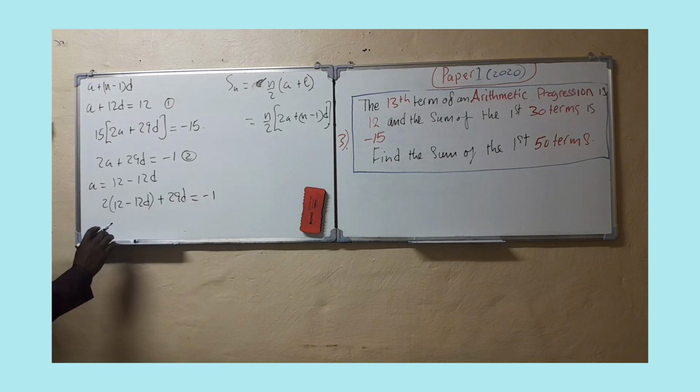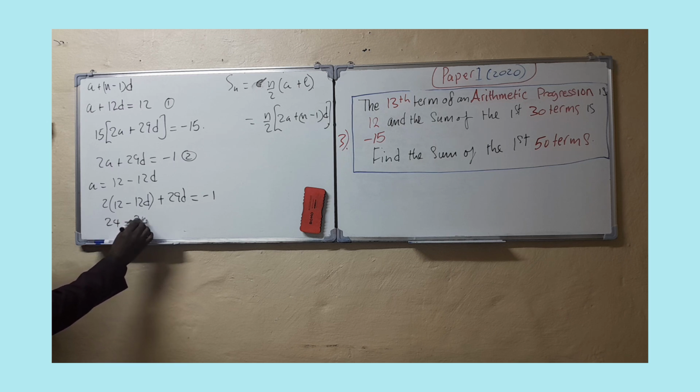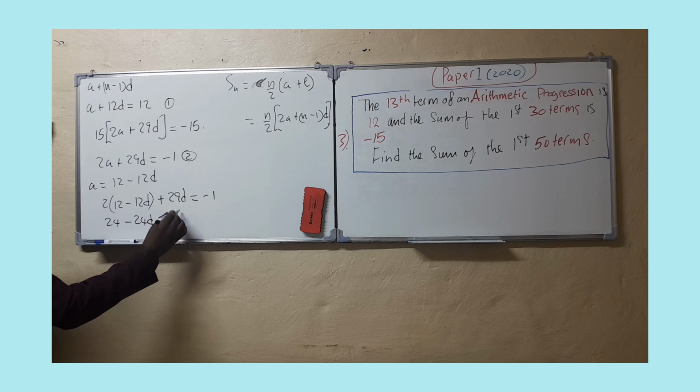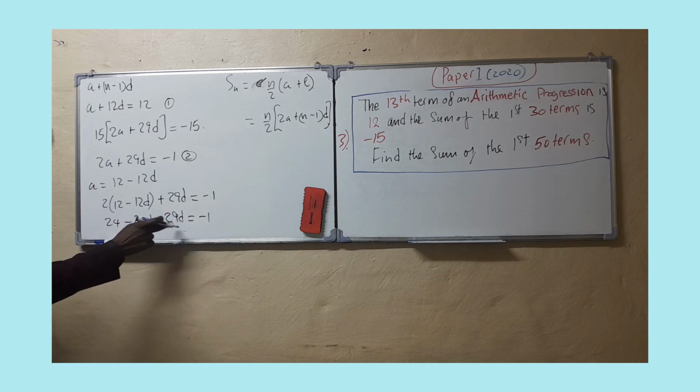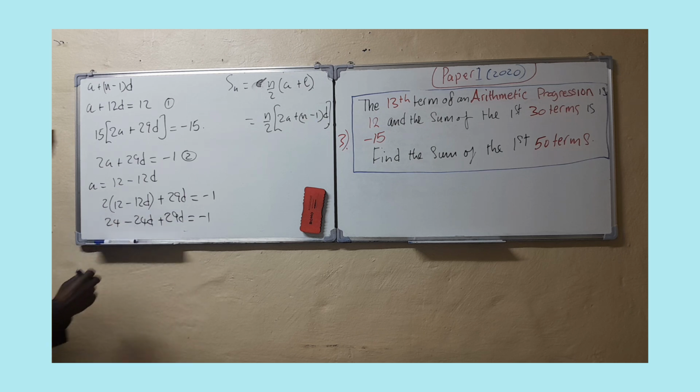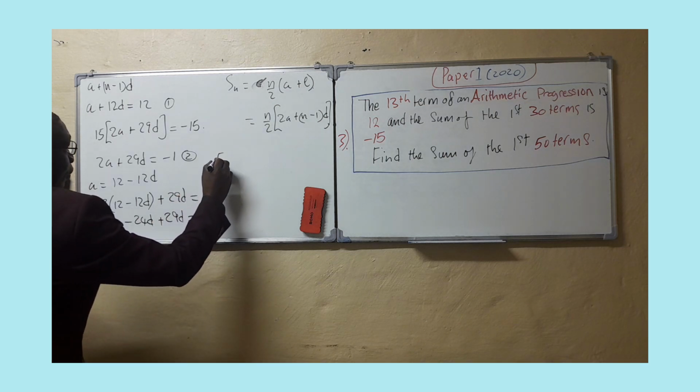Let's simplify. We have, this is 24 minus 24d plus 29d is equal to minus 1. Let's simplify our d there. So it's 29 minus 24, which is 5. So on this side, we can have our 5d.